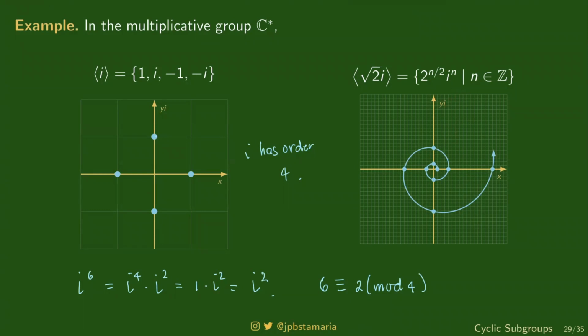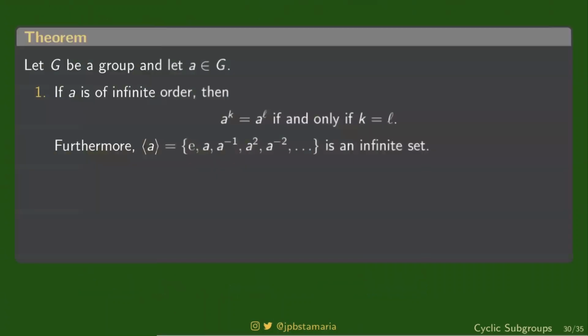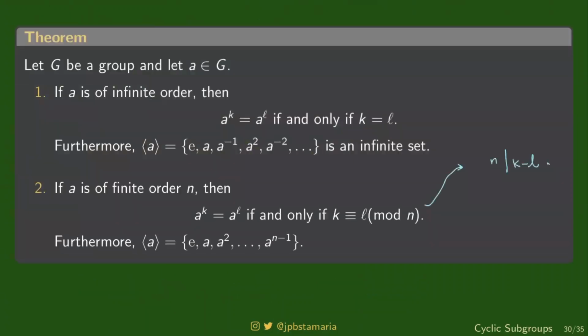Kaya the only way for two powers to be equal is for the exponents to be equal themselves. Did you understand that? Okay ba tayo doon? Pero kapag ang element ay may finite order 4, ang dalawang powers ay nag-equal if the exponents are congruent modulo 4. Okay.